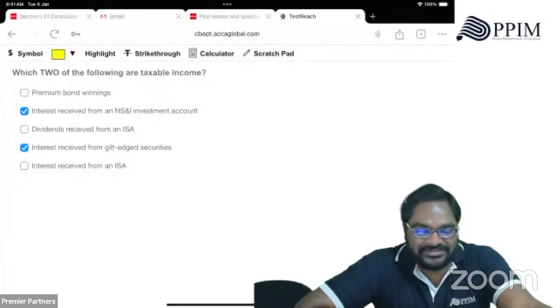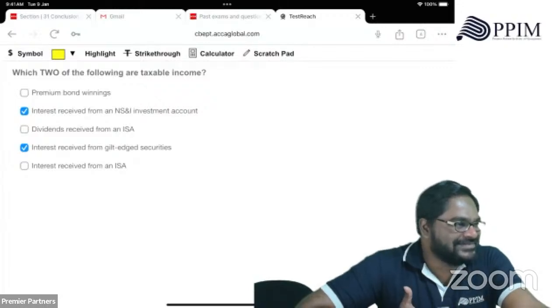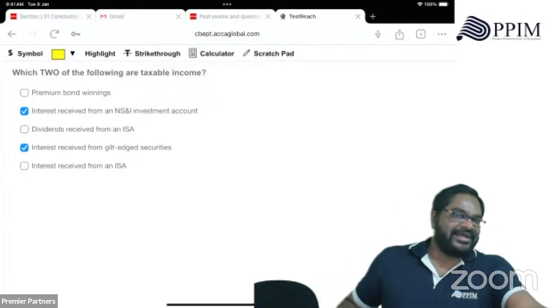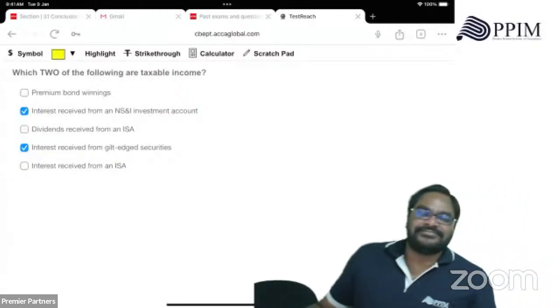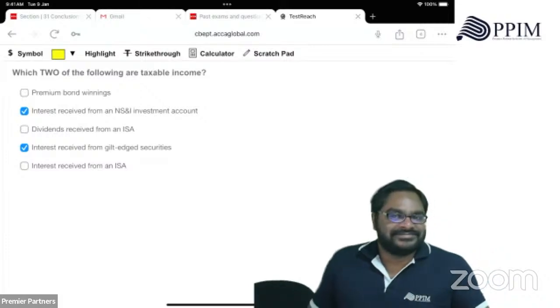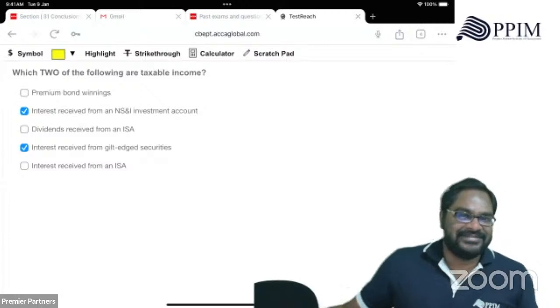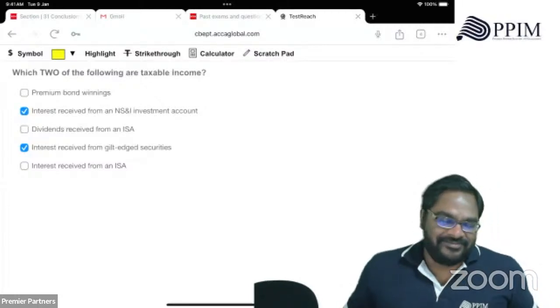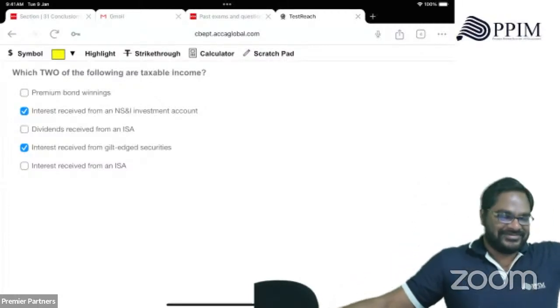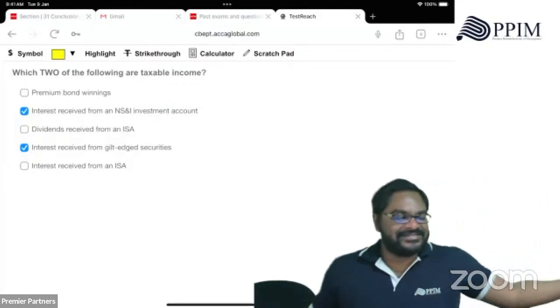Is it taxable? If you check the note, that is the first one that we are saying exempted. Chapter 2, third one. Guys, this is chapter 2. Premium bonds was under that. Premium bonds was right next to gambling, lotteries, and premium bonds. Right? So the first one is not taxable.